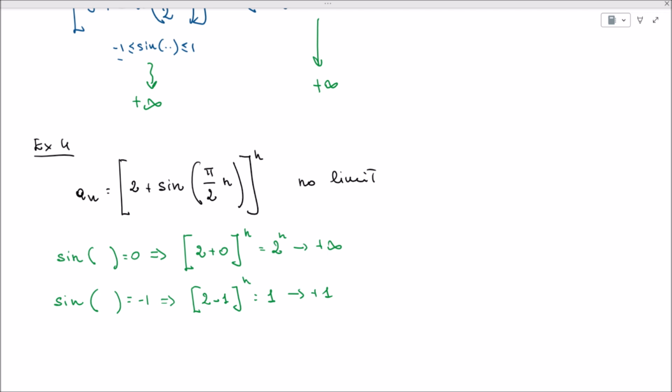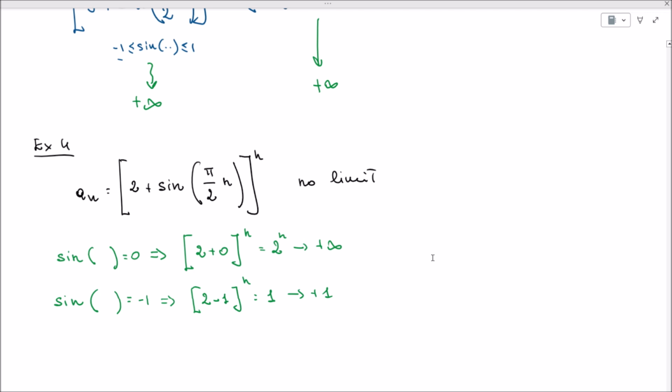So we have now 2 subsequences with a different limit, which implies that the original sequence a_n has no limit, by the previous corollary.